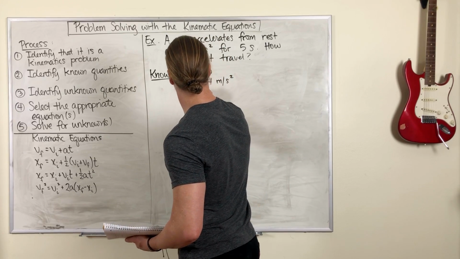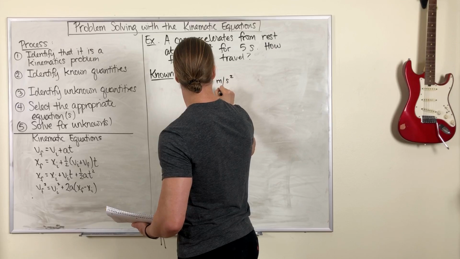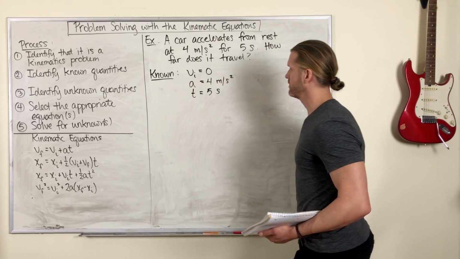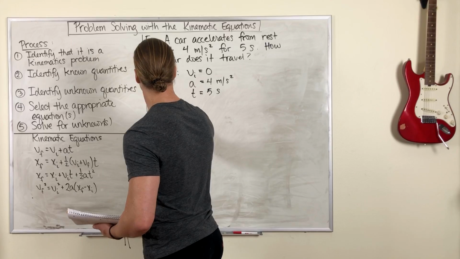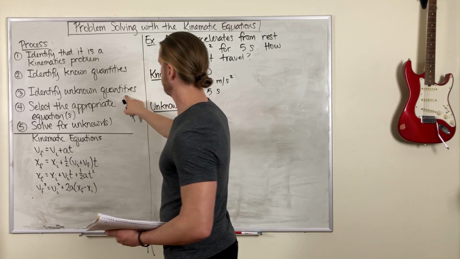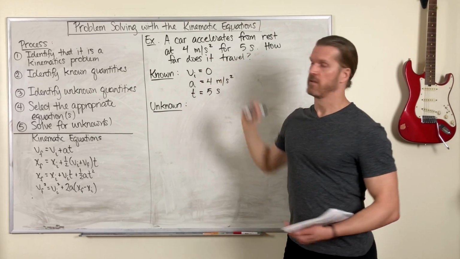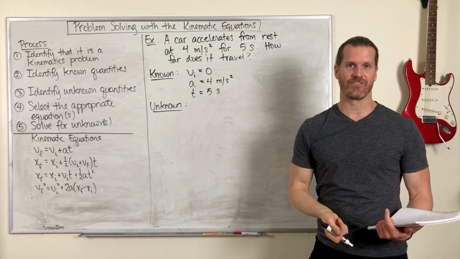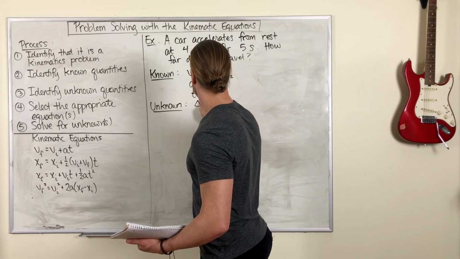And the next one is time is 5 seconds. Now our unknown quantity that we're trying to solve for is how far. Remember, how far means displacement. So our unknown is delta x.